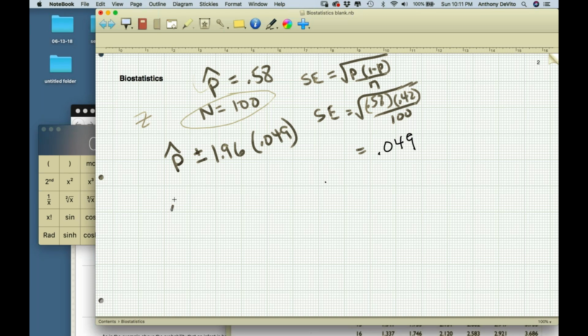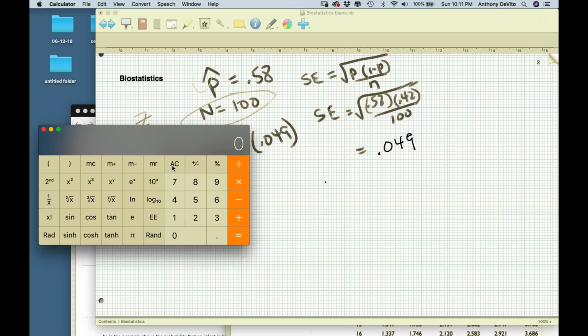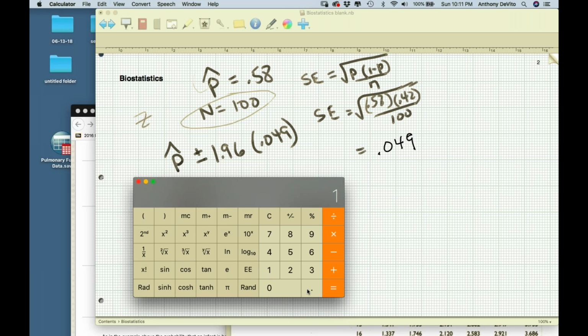Okay, so what do I wind up with here? I wind up with 0.58 plus or minus, and I'm going to go back here, clear, and I'll clear memory also. Let's see, 1.96 times 0.049 is equal to 0.09. I'm going to put that into memory. I'm going to add and subtract that from 0.58. 0.58 minus my margin of error is equal to 0.48.